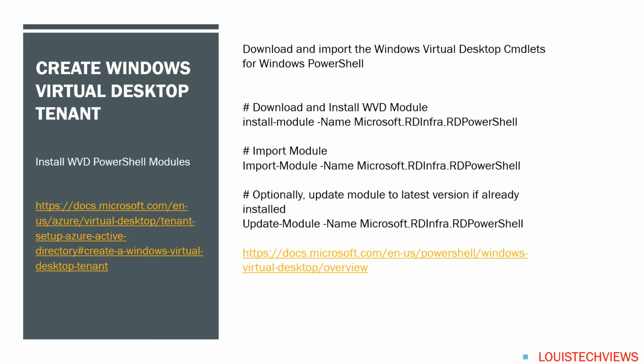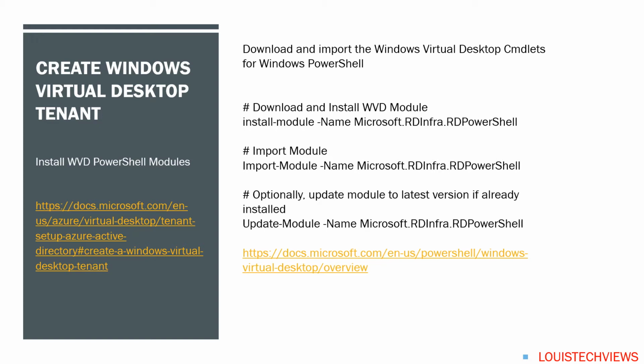Once you have that installed, in the same PowerShell window or in the ISE, I prefer the ISE, but you can do the same thing in regular PowerShell, or if you're using Visual Studio Code or wherever you're doing your PowerShell development, you can use that.